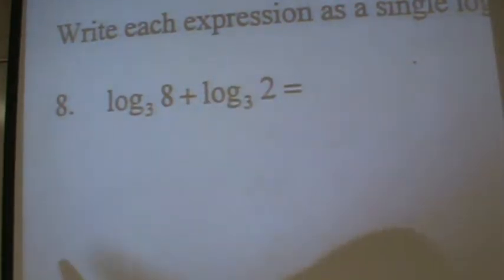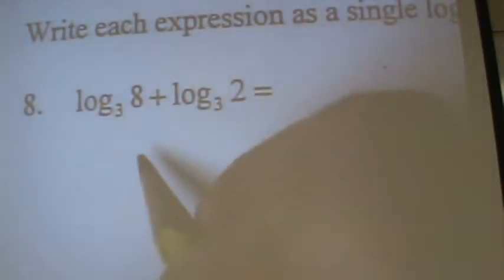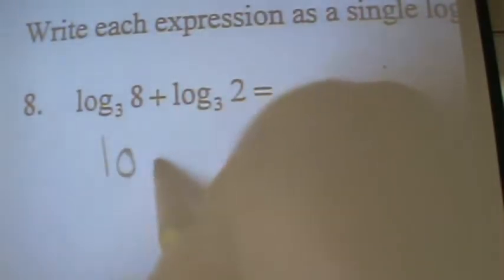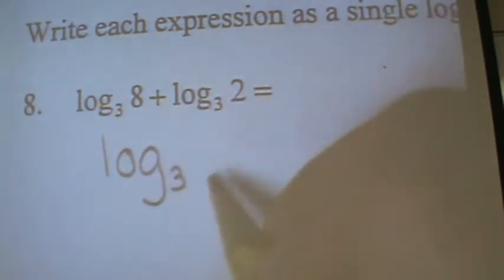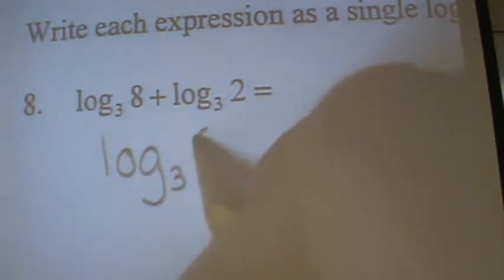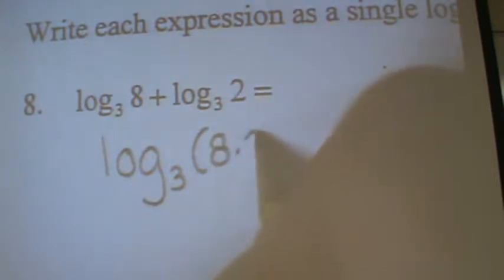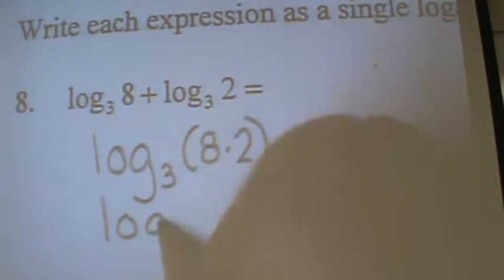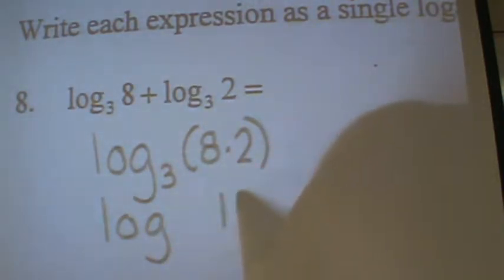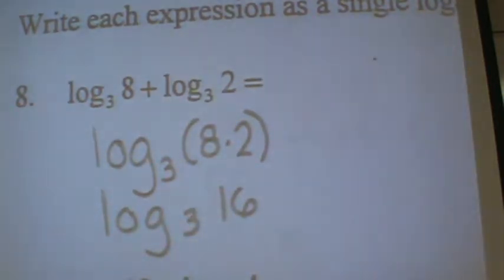You're gonna go the other way. So it'd be a log base 3 of parentheses 2 times 8? Very good. 8 times 2 or 2 times 8. Well, what is 8 times 2? 16. You got it. Good job.